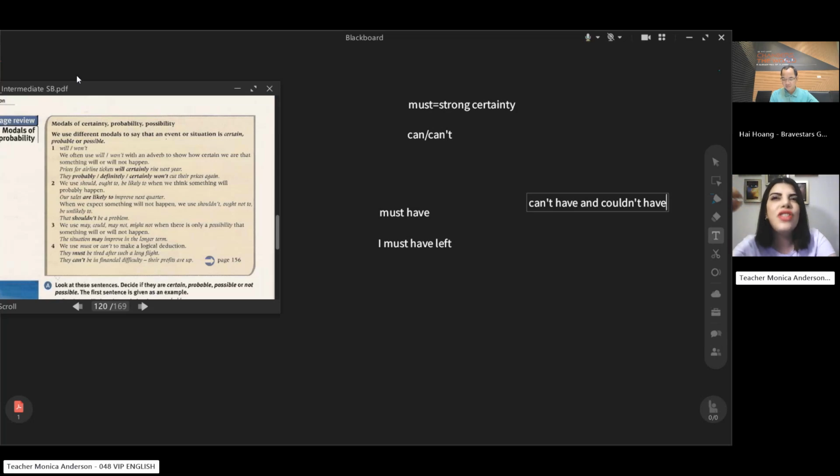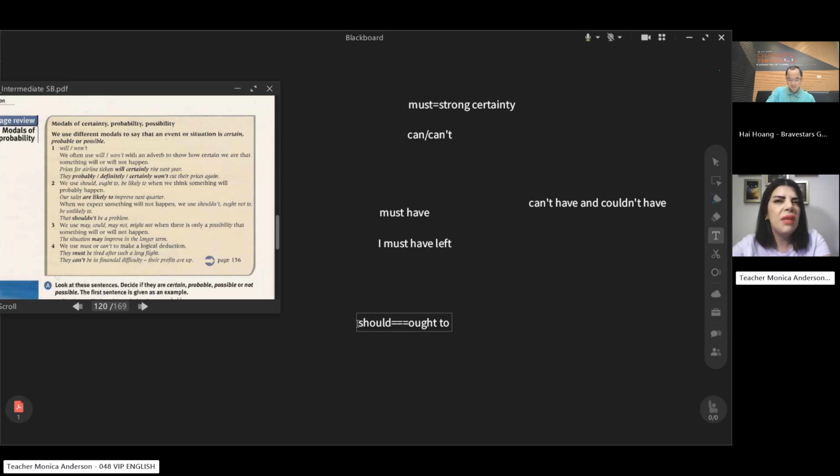Or suggesting that something is likely or possible, but not certain. Should is a really good modal, and we also have ought to. They are the same.